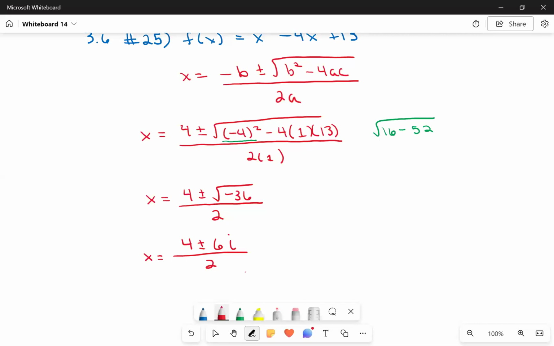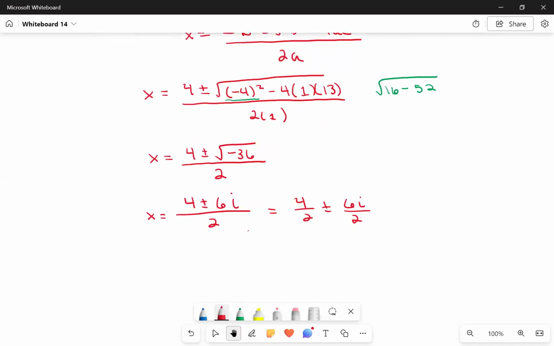Okay. Now I'm going to break it up and reduce. So that's going to reduce to what? 2 plus or minus 3i. So there's our zeros. We've solved it.